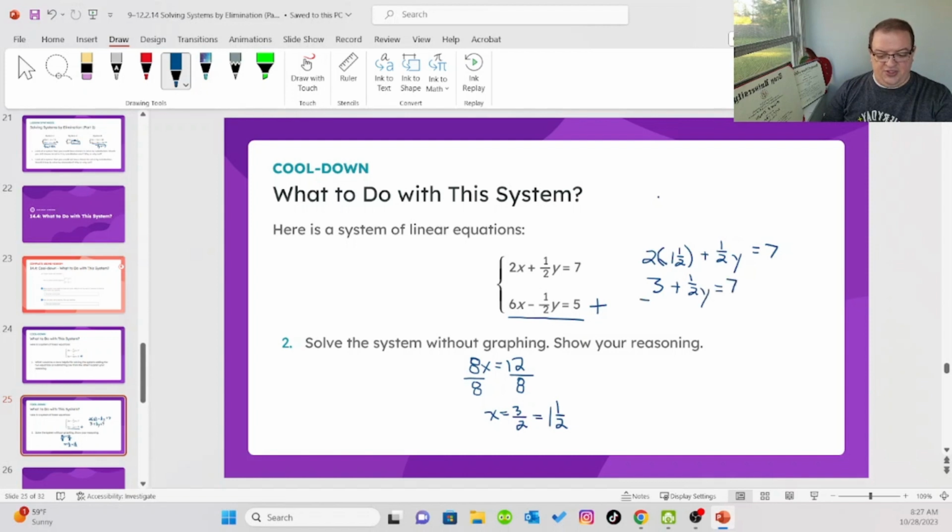I get rid of the 3 by subtracting it from both sides. And I get rid of the 1/2 by multiplying both sides by 2. So y equals 8. So my solution is the point pair 1 1/2, 8. This is where the two lines would cross if we graphed them.